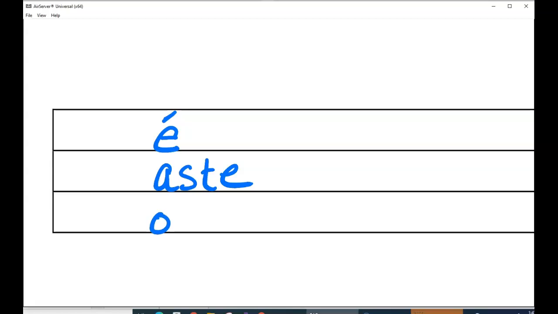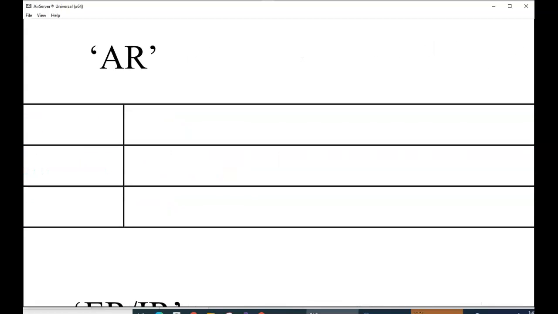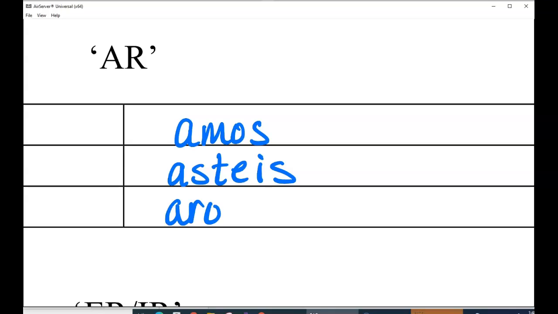And then the letter O with an accent mark on it, O. So we have é, aste, ó on the singular side. And then over on the plural side, we have amos, asteis, and aron. An easy way to remember the asteis is it's exactly the same aste as second person singular. You just add is to the end.